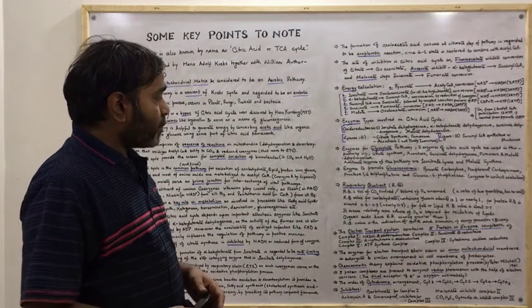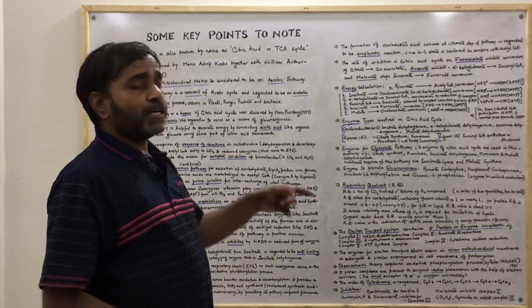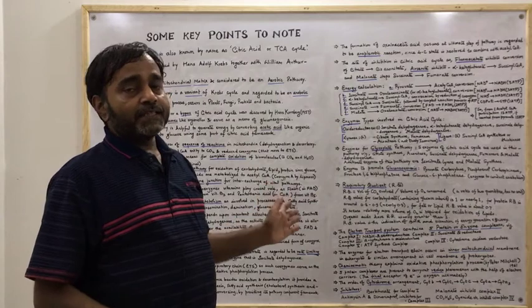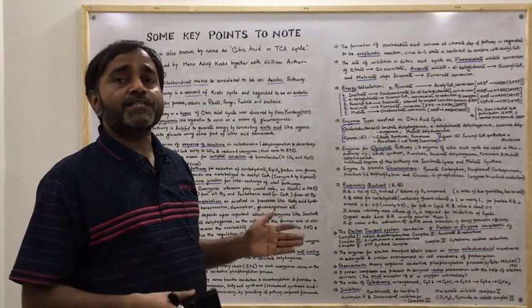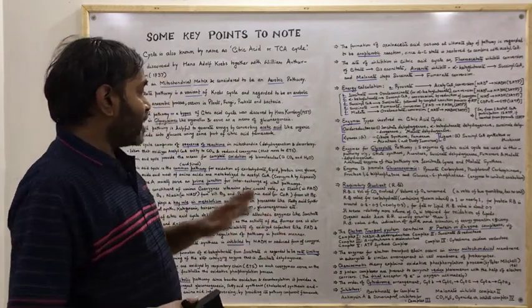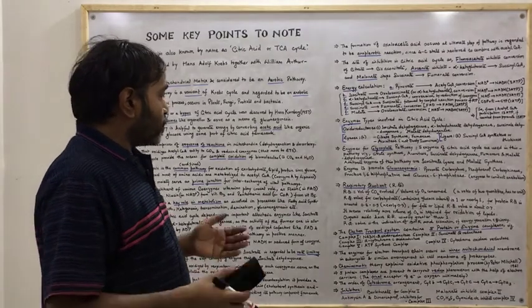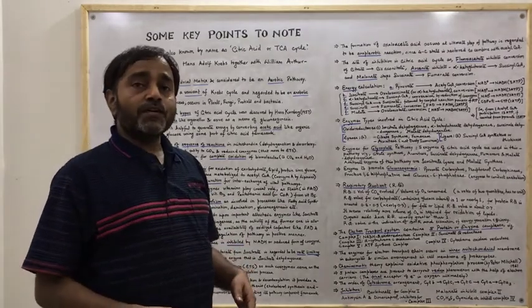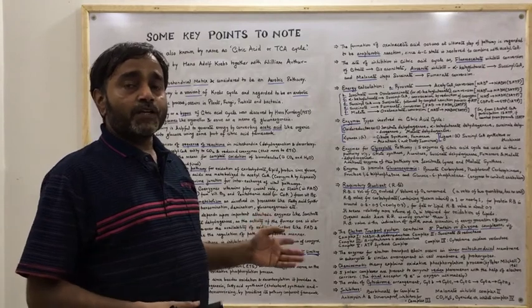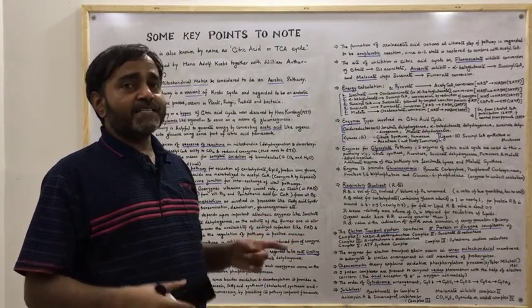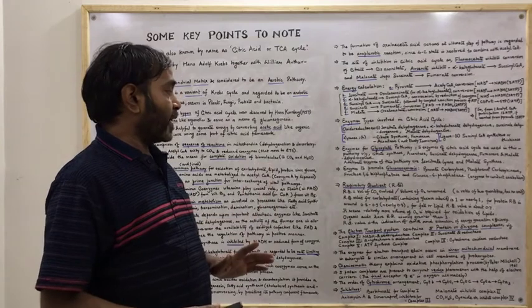So what is the next complex? That is succinate Q reductase, where you may find that the reduced form of FAD is utilized. Now what is the third complex? That is Q-cytochrome C oxidoreductase. There you will find cytochrome BC1 present in that complex.